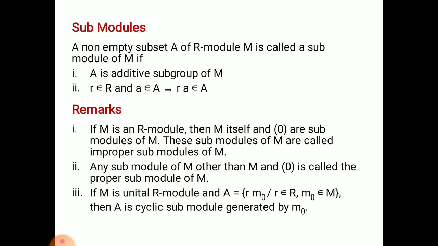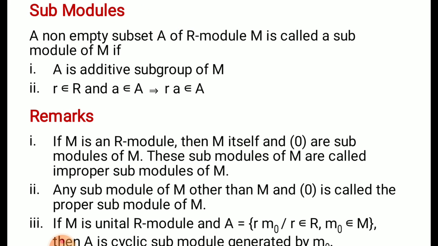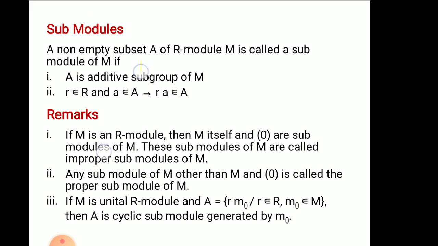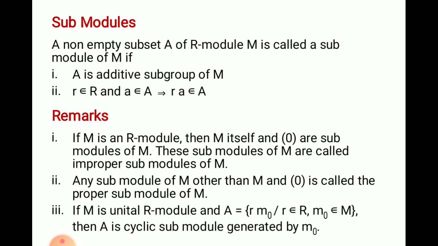In today's lecture, we shall study submodules. In the chapter on vector spaces, we have studied subspace. In groups, we have studied subgroup. In a similar manner, we shall study submodules. At first, we shall see the definition of submodule.